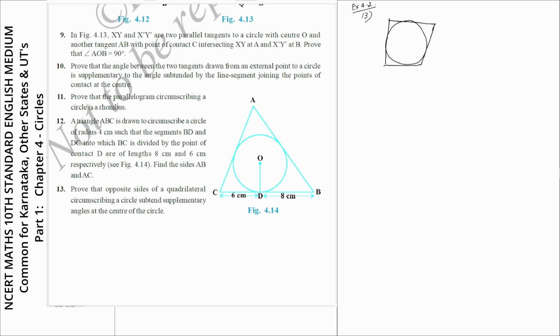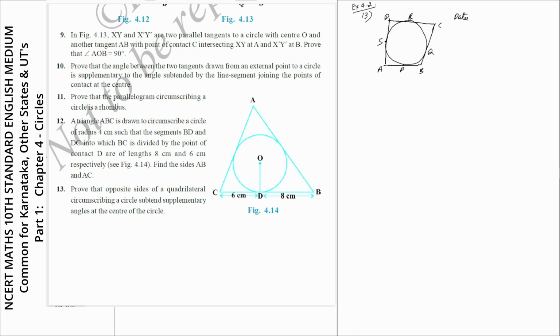So let ABCD be the quadrilateral and let P, Q, R, S be the points of contact.